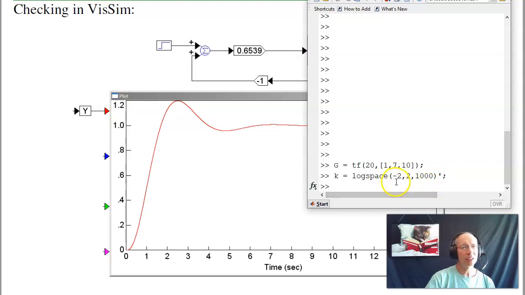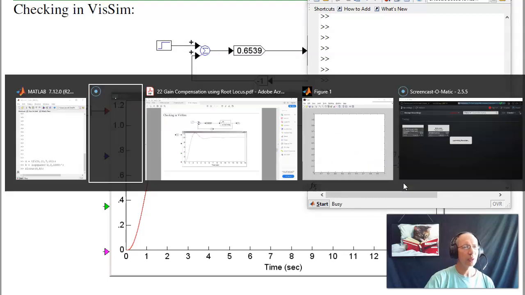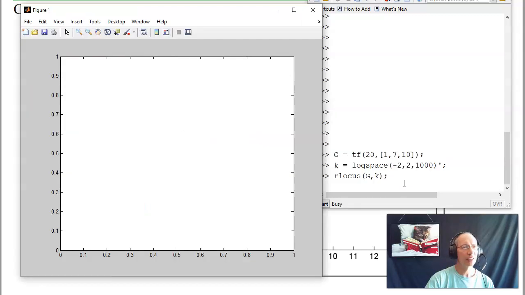I'm going to guess it's somewhere between 10 to the minus 2 and 10 to the plus 2, 0.01 to 100. Take 1,000 points in there. And now draw the root locus plot of that G and K. And it's thinking. Got 1,000 points in the root locus, so it takes some time.